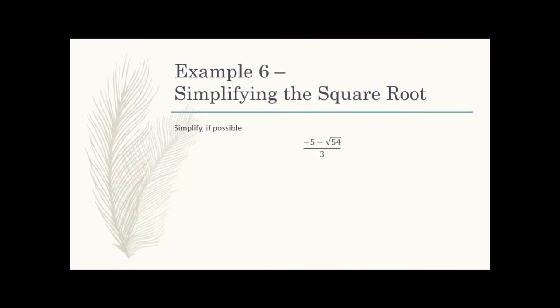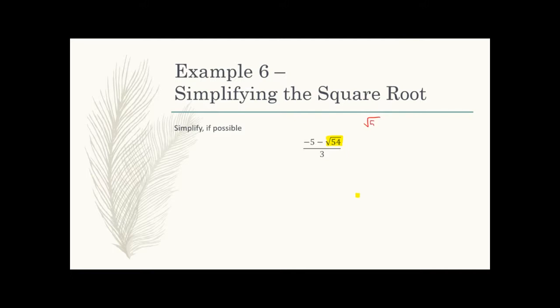So example 6, same sort of thing. We're going to simplify if possible. And so we need to start with that square root. Now if you take your calculator and you do the square root of 54, we're going to get a decimal.